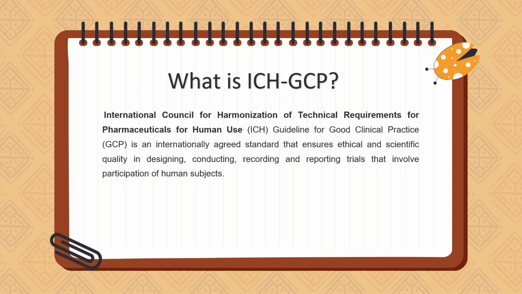So this guideline is essentially an internationally agreed standard that ensures the ethical and scientific quality in four aspects: designing, conducting, recording, and reporting of the clinical trial that involves participation of human subjects. So whenever you conduct a clinical trial, the most widely accepted global guideline for scientific and ethical quality standard is ICH-GCP. So whenever someone asks you what is ICH-GCP, this should be your answer.